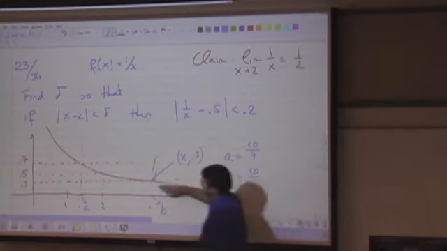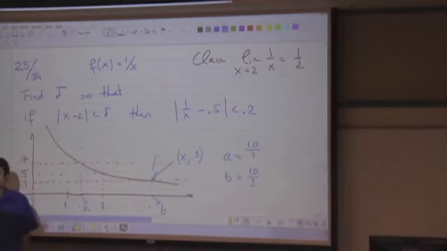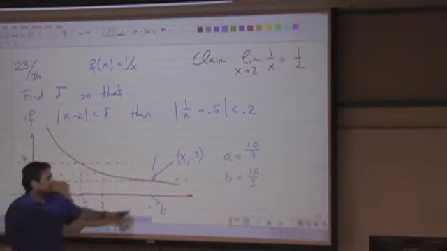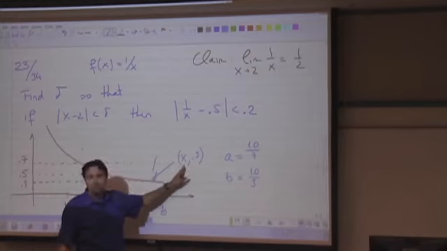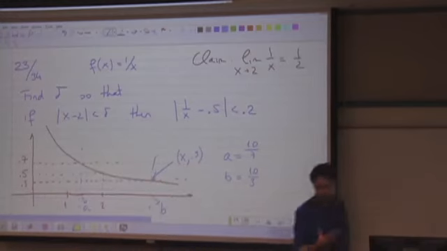This graph is the graph of f of x equals 1 over x. Just plug in. I guess it's the reverse of plugging in, but yes. Because I'm given y, I have to come up with x. Is everybody understanding this?